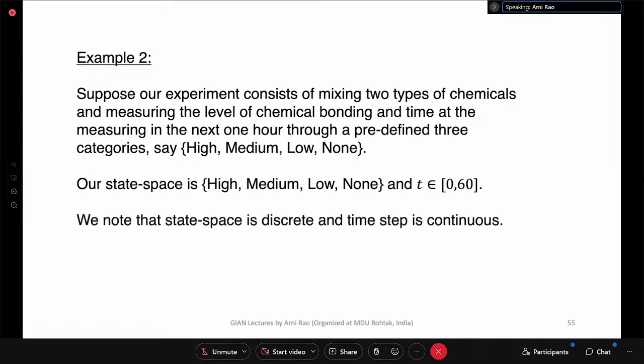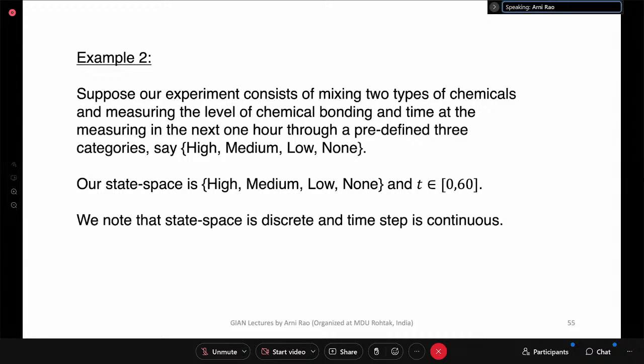Now in this case, you see that the space is discrete, but time is continuous, because the bonding might happen continuously or not at all. After the end of the 1 hour, the experiment is done. And at any time during the 1 hour, you may want to see whether the bonding occurred or not.